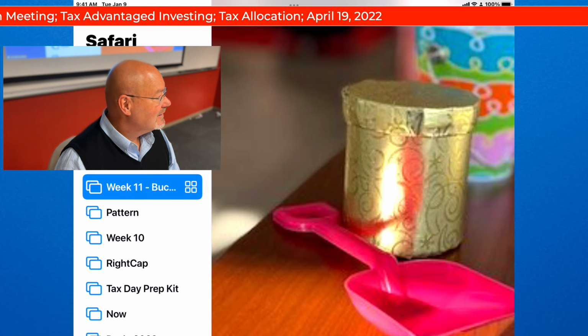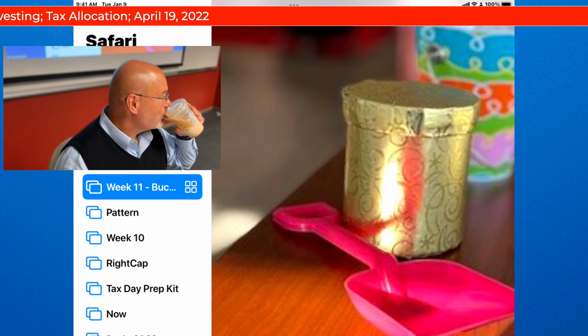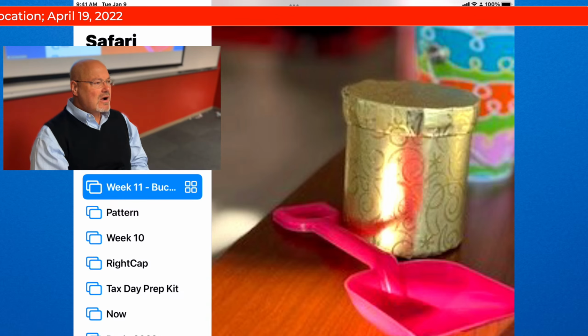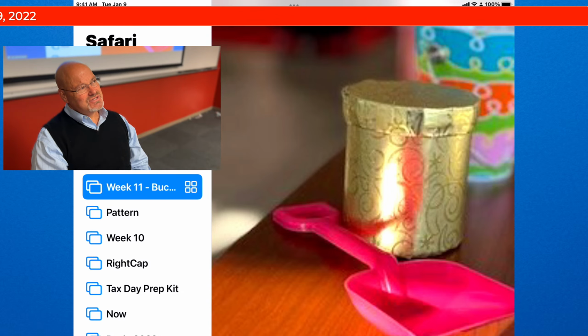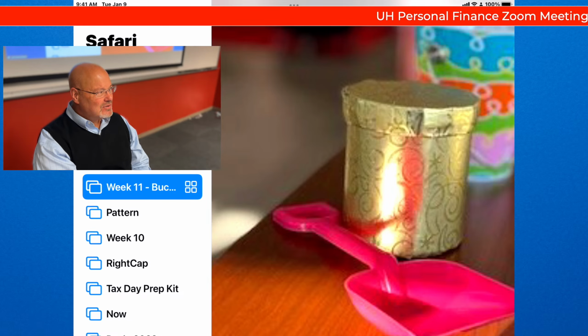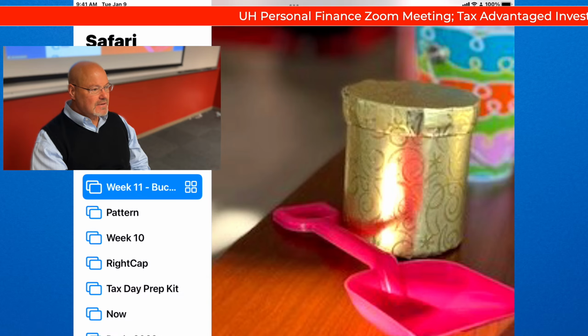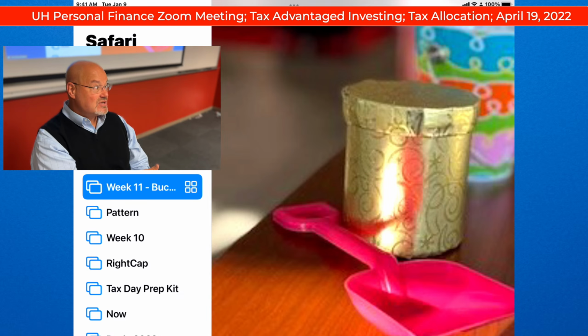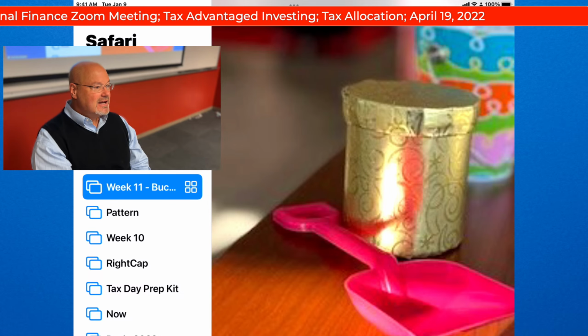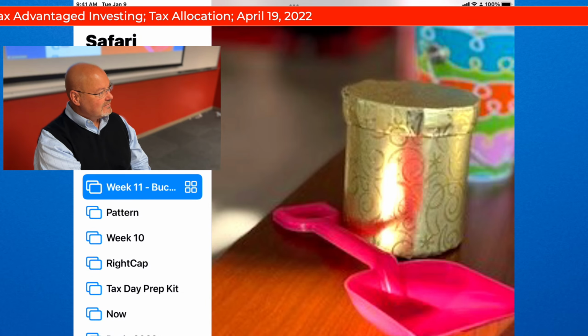When you said companies kind of match you, how often does that happen? That's a good question. The question is, when you get a company match, how often does that happen? I think most of the time that happens at the end of the year. Whatever their fiscal year is, if you're contributing monthly or every paycheck, which is how you want to do it in your 401k, your contributions will be immediately showing in your account value.